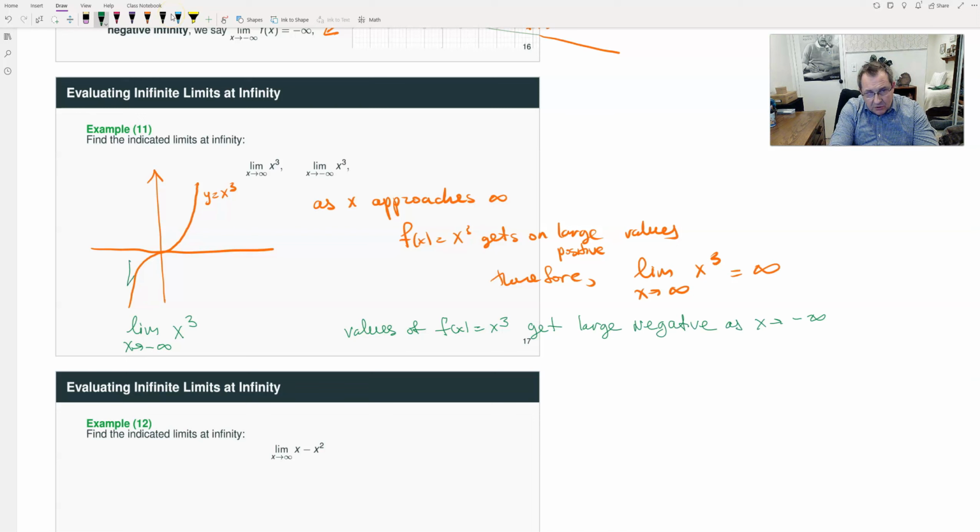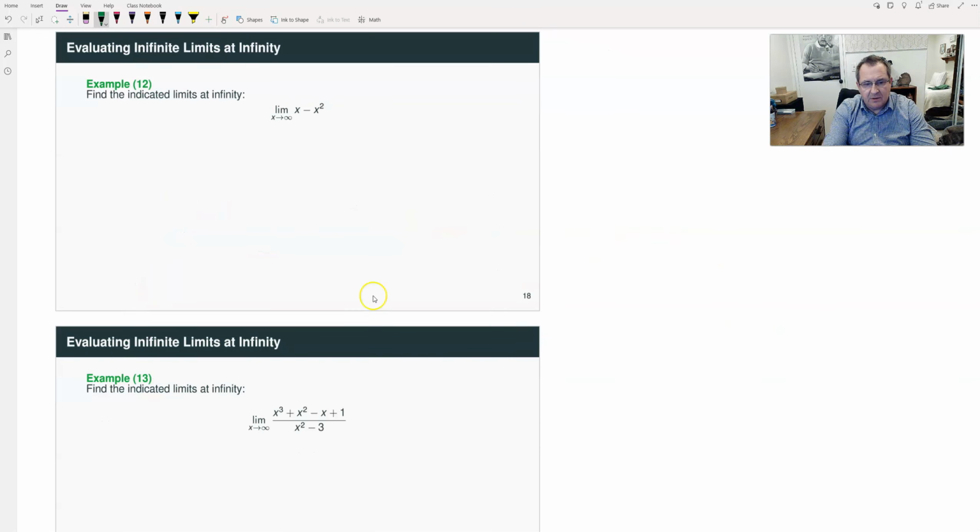Here we go. The function starts to go down. The more we go to negative infinity in the variable, as x is approaching negative infinity, we expect the function to take on large negative values. Therefore, we say that the limit of x cubed as x goes to negative infinity is equal to negative infinity.